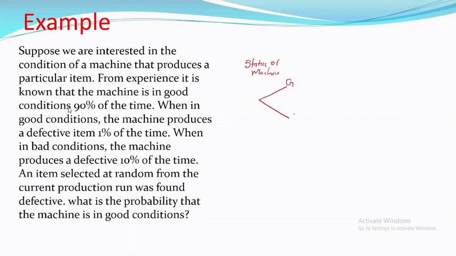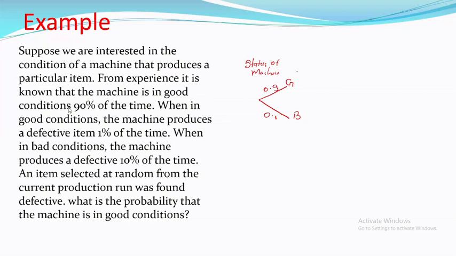Good, and this is bad. The probability of being in good condition is 90%, and the probability of the machine being in bad condition is 0.1. Then producing defective items depends on the condition of the machine.